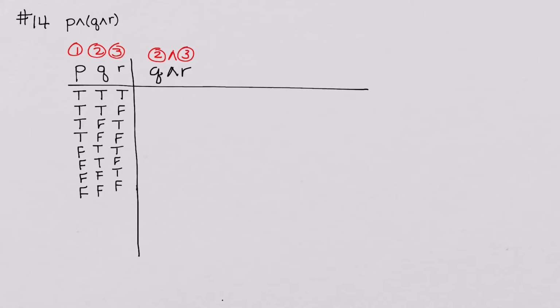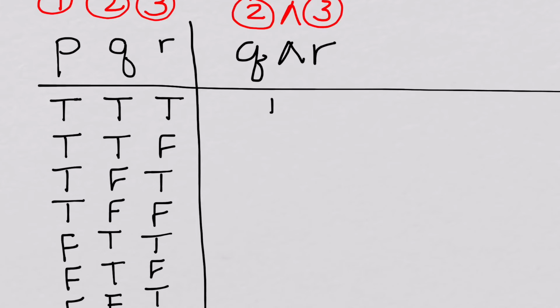All right, so let's keep that in mind. So 2 and 3. I have true and true, which makes true. All right, so true and true makes true. True and false makes false.